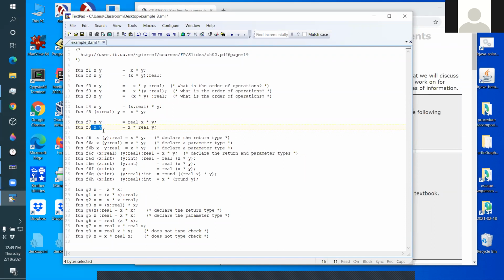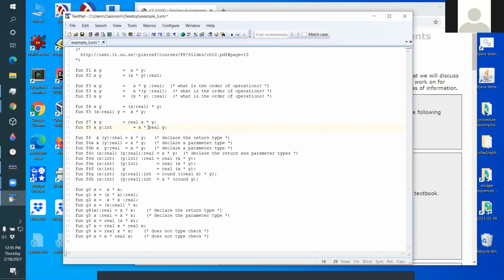Now the next one switches it around. ML doesn't know what X is, so it doesn't know what this should be doing yet. It goes over here and says, oh wait, Y is the input to the real function. The real function takes in an int, so Y must be an int. So now ML can say that's an int. But the output of real is a real number.